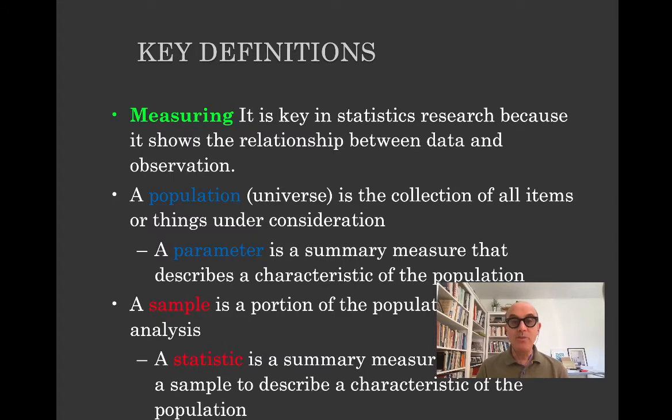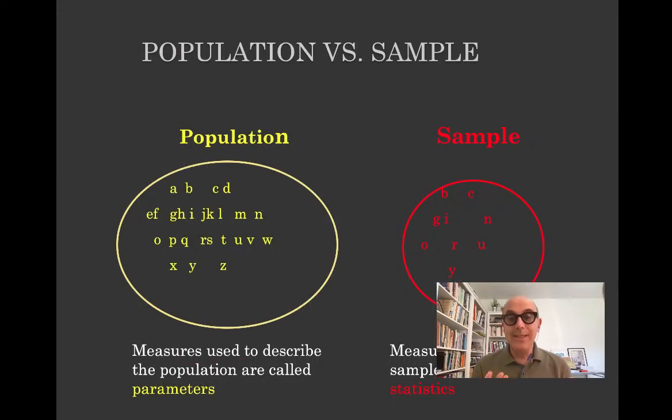What are we measuring? This is the key component in statistics, and the idea of the relationship between the data and the observation. And so we have the idea of population, which is the collection of all items or things under consideration. And we have a sample, which is a portion of the population selected for the analysis. So this is the idea, population versus a sample.